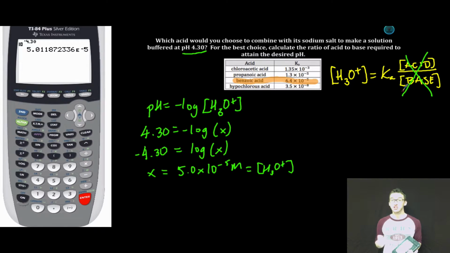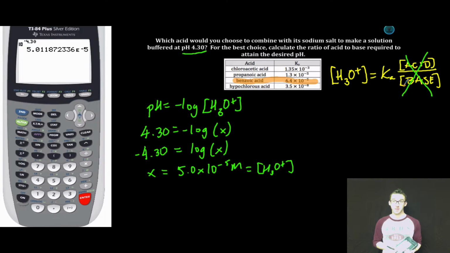Okay, so we have chosen our weak acid, benzoic acid, to prepare this buffer. But the pH isn't going to be exactly equal to our desired pH. It's going to be close because the Ka is close to the hydronium ion concentration that we want, but it's not exactly. It's a little bit larger than that.